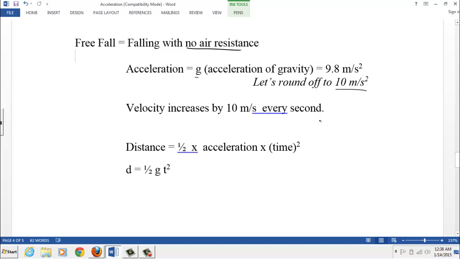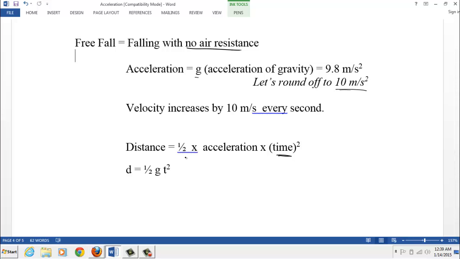There's a nice little equation that tells you how far the person has fallen, or that rock we had falling off the cliff. If you know how long it's been falling, you take that quantity and square it, multiply it by the acceleration, in this case gravity, 10 meters per second squared, and then multiply it by 1/2.